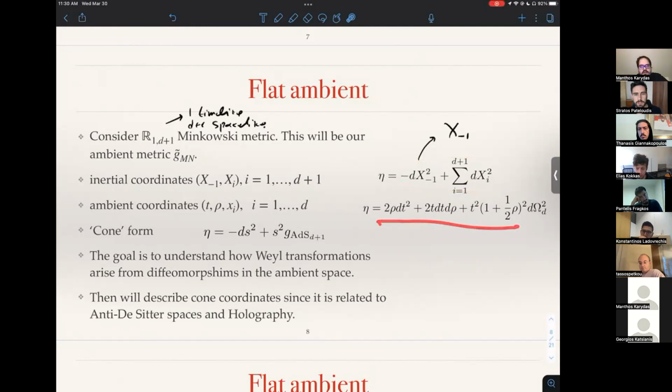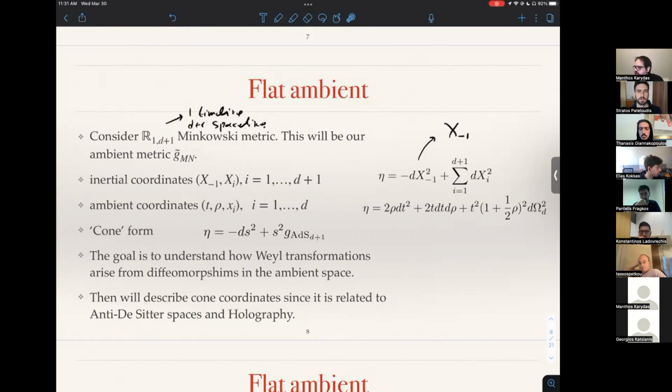A Minkowski metric is a Minkowski metric in any coordinate system, right? That's why I say it doesn't break. Okay, good. If you fix a coordinate, you can say it breaks diffeomorphism, if that's what you mean. But at the end of the day, the real geometry is flat, right? You can describe it in a coordinate system. Yes, with this I agree. I'm just trying to understand exactly the meaning of diffeomorphism. Okay, thank you.